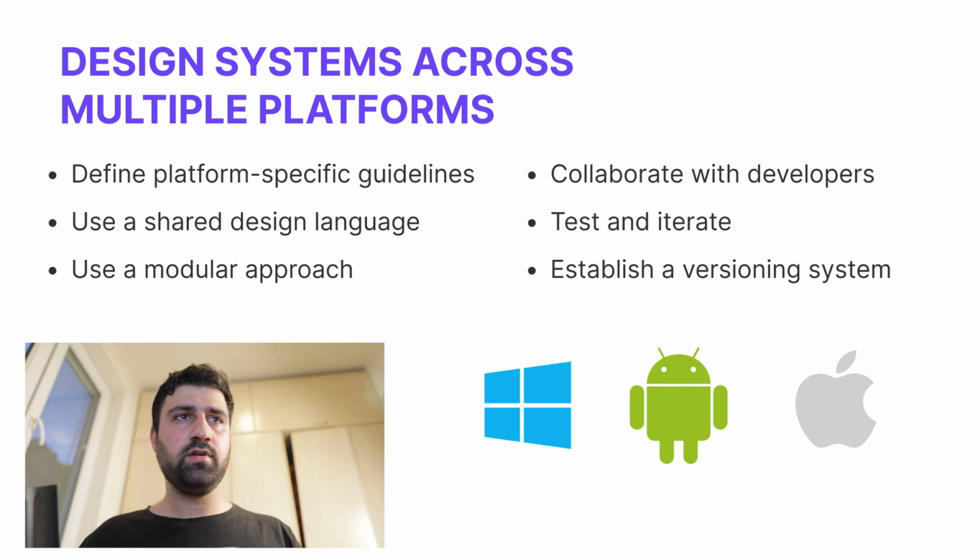And lastly, establish version control, because especially if you're working on different platforms, versioning is really important. Someday iOS can bring up a new feature, like the search bar of Safari can go to the bottom, and basically a lot of things change there.